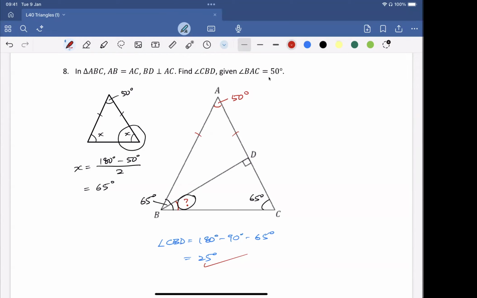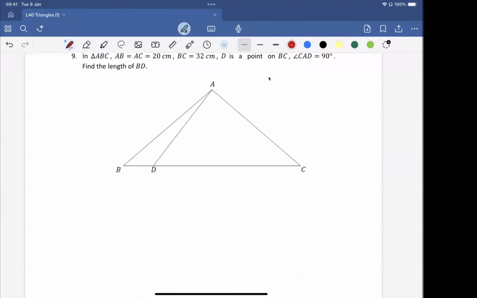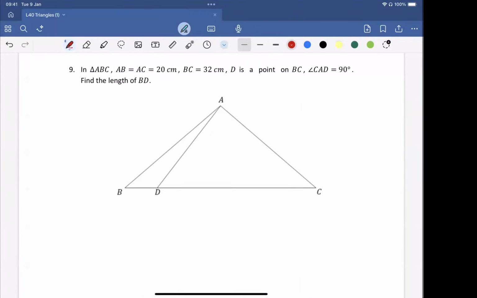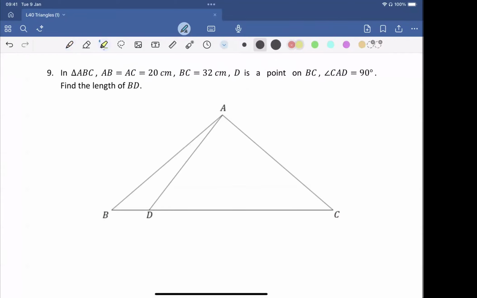Okay. All right. Let's take a look at our last question for the day. They say that AB equals to AC equals to 20 cm. Let's label the diagram. AB equals to AC, so this is an isosceles triangle.